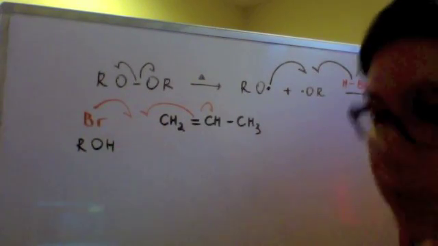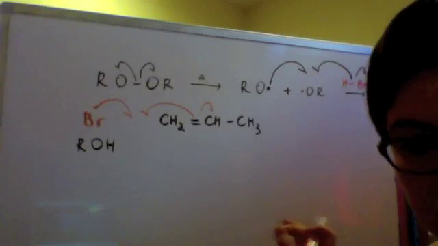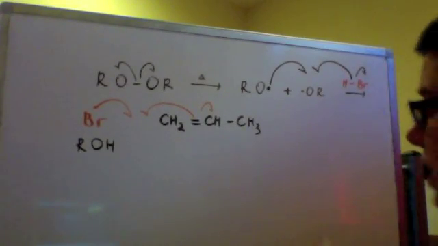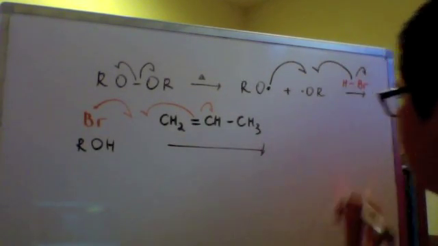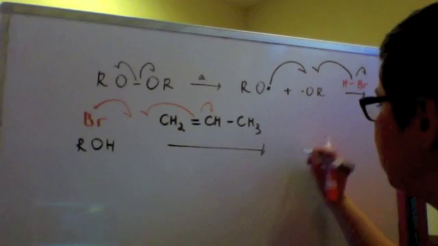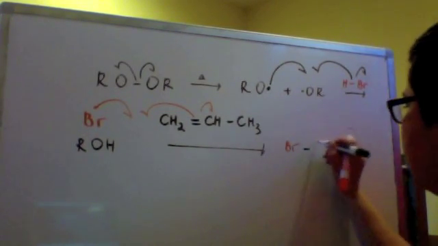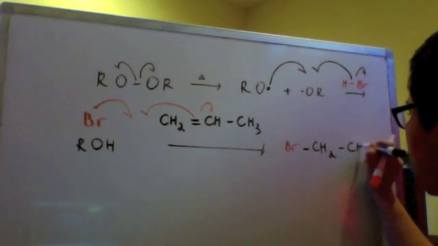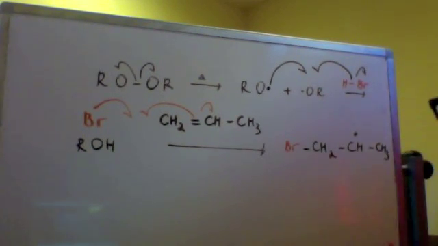You're going to form carbon-bromine bond with one of the carbons, and you're going to form carbon radical on the other carbon that used to make up the double bond. So now let's see how that works out. So then the resulting intermediate is the following. CH2, CH radical, and then CH3.